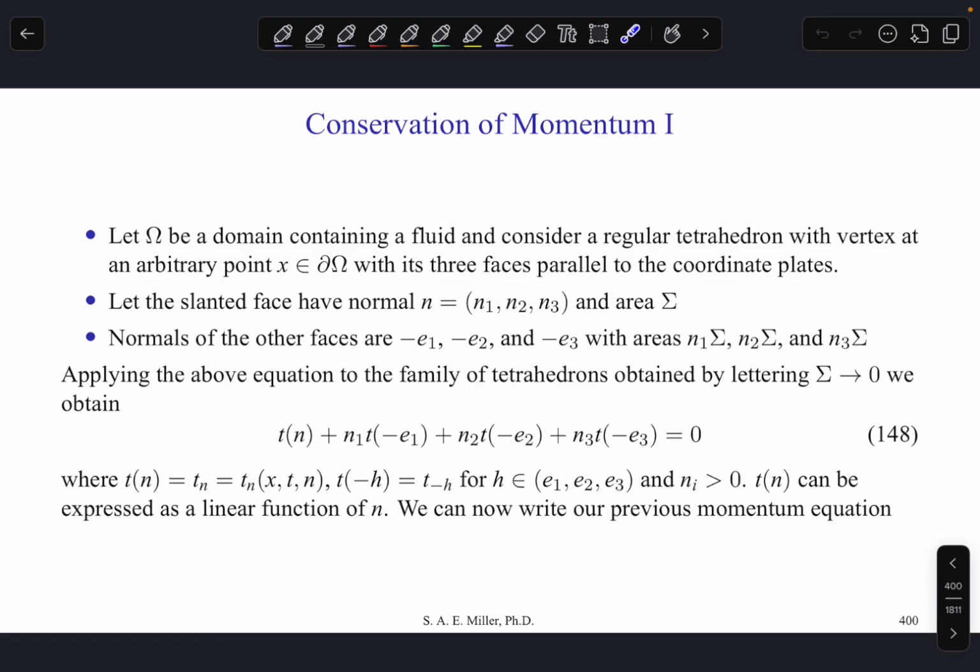The slanted face will have a normal vector n1, n2, n3 and an area of sigma. The normals to the other faces will be negative E1, E2, and E3 respectively, with respective areas. This equation can be applied to families of tetrahedrons by letting sigma go to 0. And we can write 148 with the right-hand side equal to 0, because the sum should be 0.